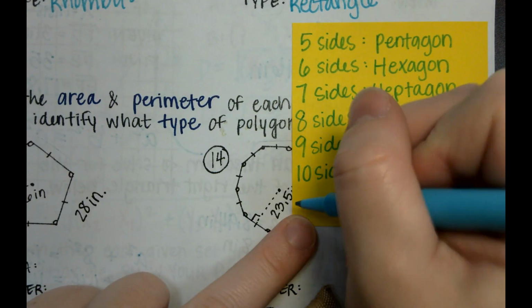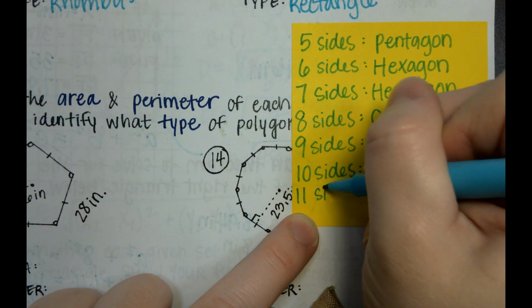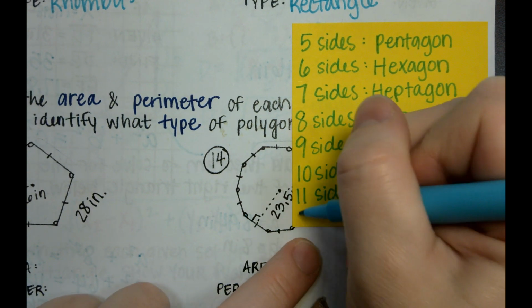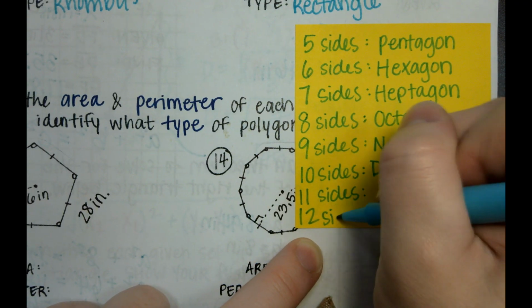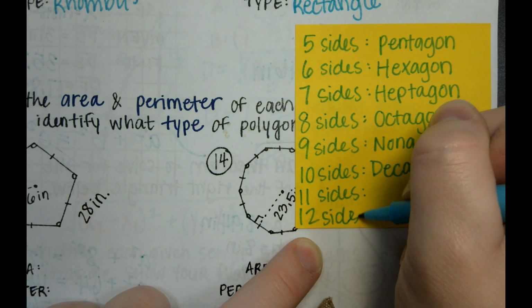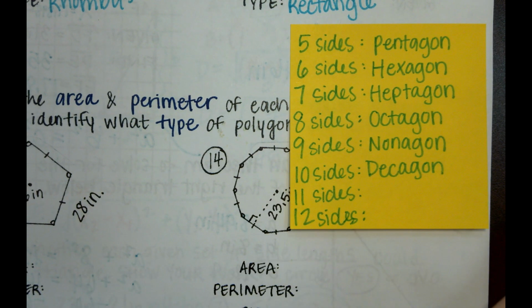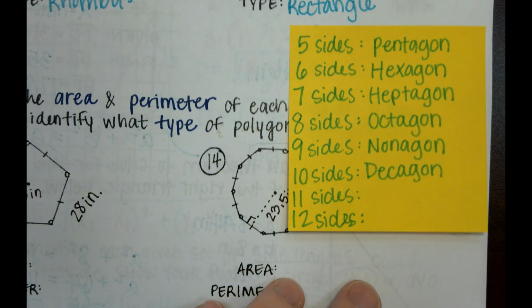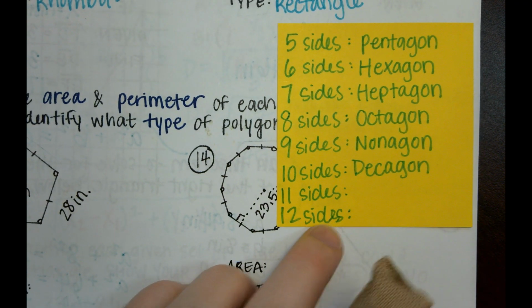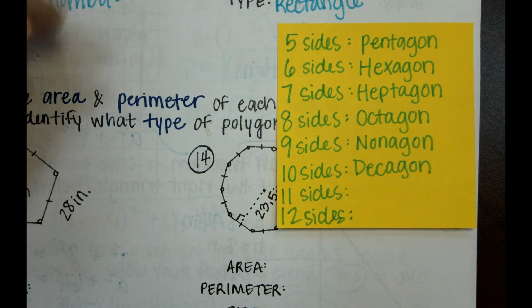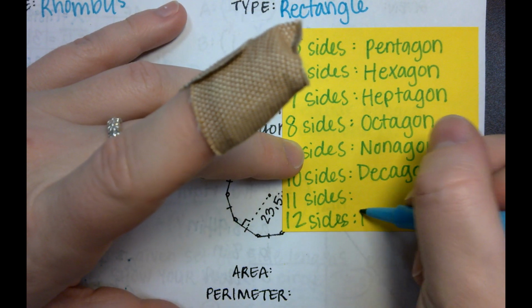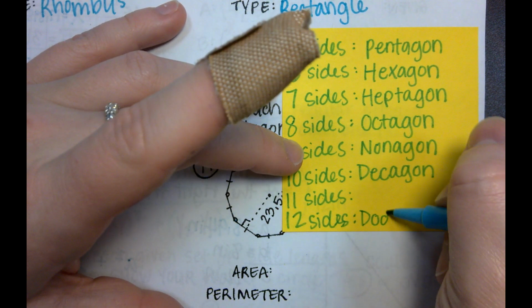So 11 sides. Honestly, I'm forgetting 11 right now. What is 11 sides called? I might have to skip it and come back to it because I do remember 12 sides. That's our dodecagon.